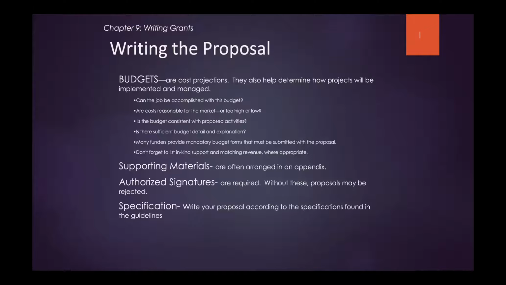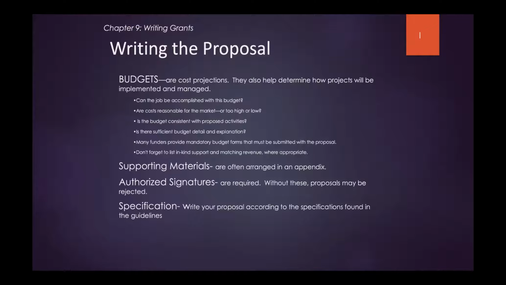So it could be that you need to get it from another grant. Sometimes for matching funds you could actually use salary that somebody else already gets in your organization. And then sometimes you can add in-kind.